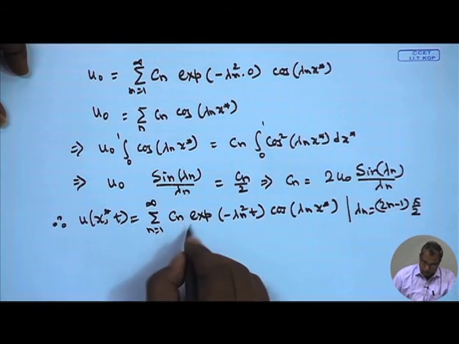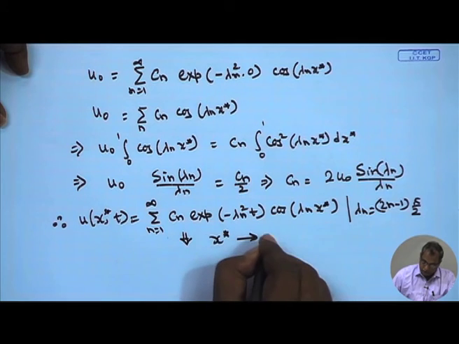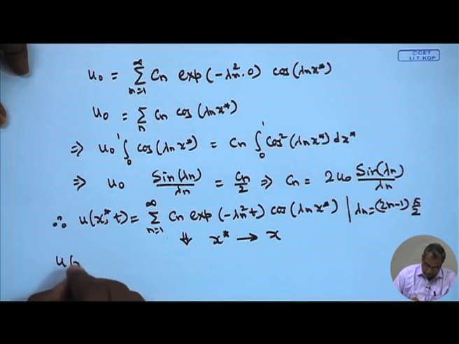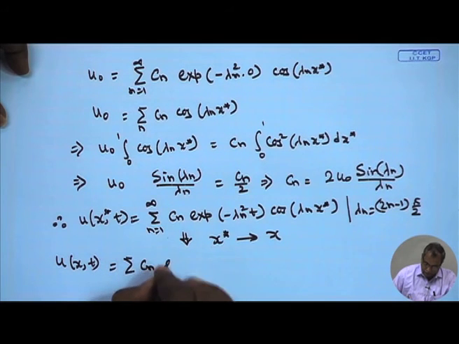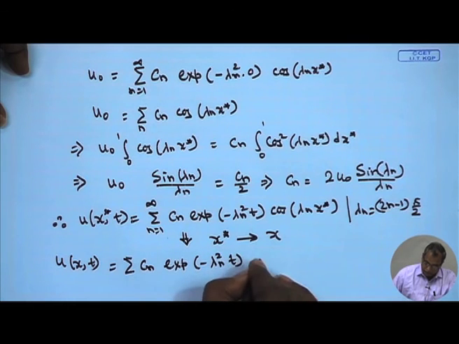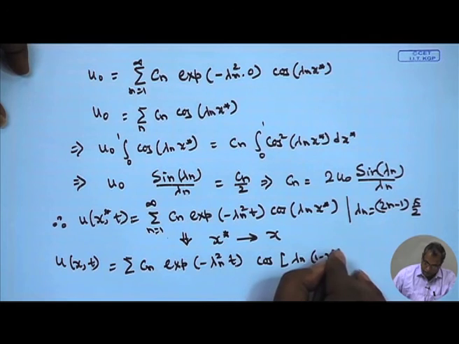And now we get back into our original coordinate system, converting x star to x. So, therefore, u as a function of x and t will be nothing but summation c n exponential minus lambda n square t cosine lambda n times 1 minus x.